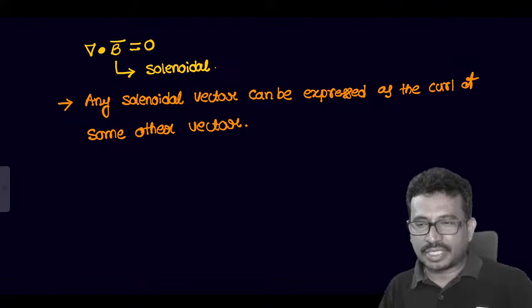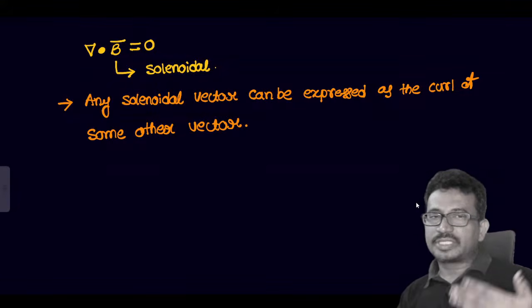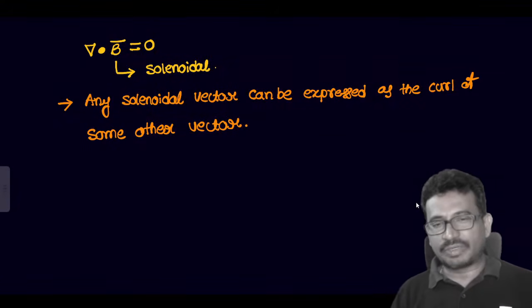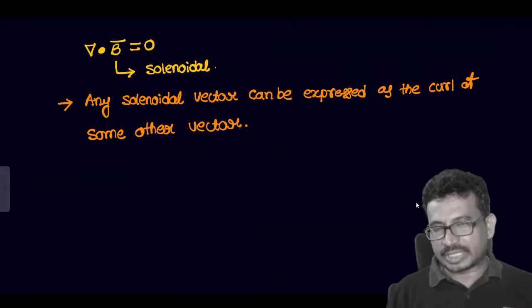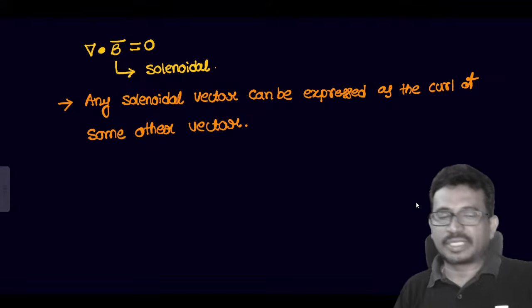Here B is a magnetic field. Magnetic field is a solenoidal field. So that's why this solenoidal field we can express as curl of some other vector.